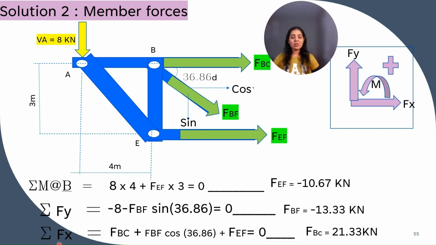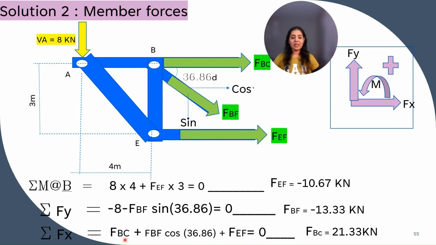Now, summation of Fx is equal to 0. Let's apply FBC plus the horizontal component of this inclined member, FBF cos of 36.86, plus FEF is equal to 0.